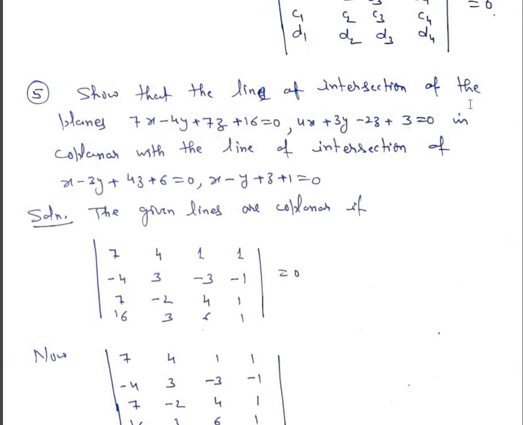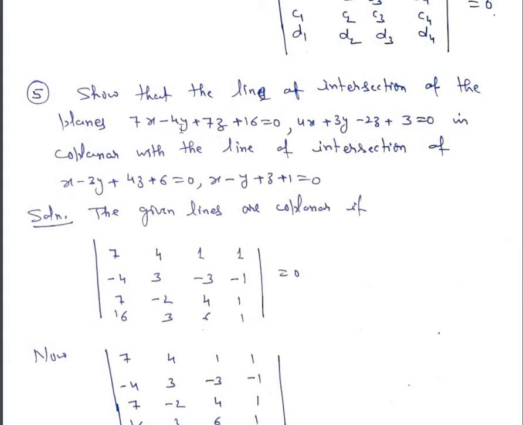Show that the line of intersection of the planes 7x minus 4y plus 7z plus 16 is equal to 0, 4x plus 3y minus 2z plus 3 is equal to 0 is coplanar with the line of intersection of x minus 3y plus 4z plus 6 is equal to 0, x minus y plus z plus 1 is equal to 0.